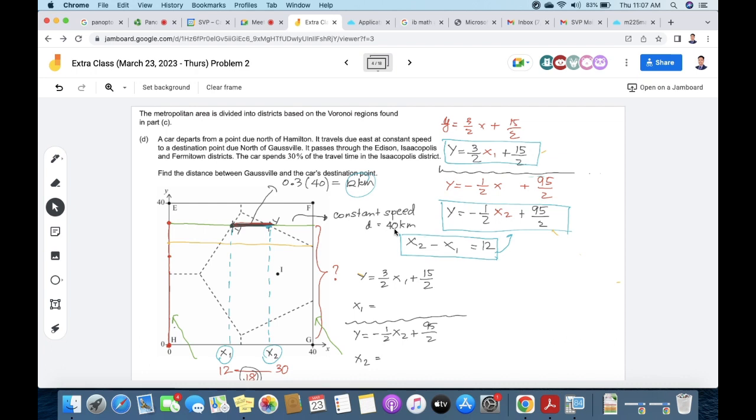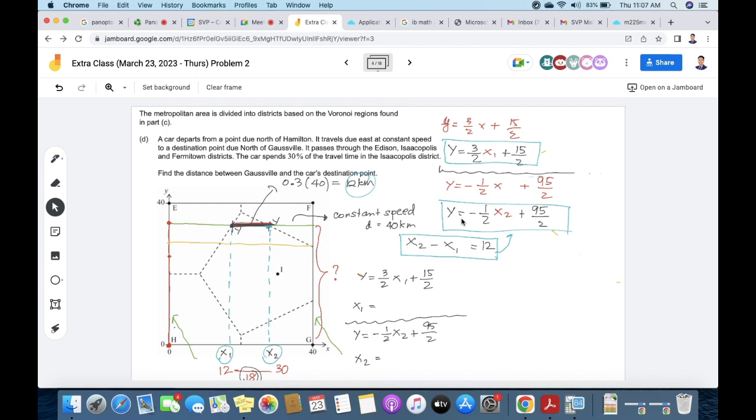Okay, can anybody tell me what x sub 1 is equal to based on the one that we've got above? So x sub 1 is equal to, can you confirm? This is what I got.